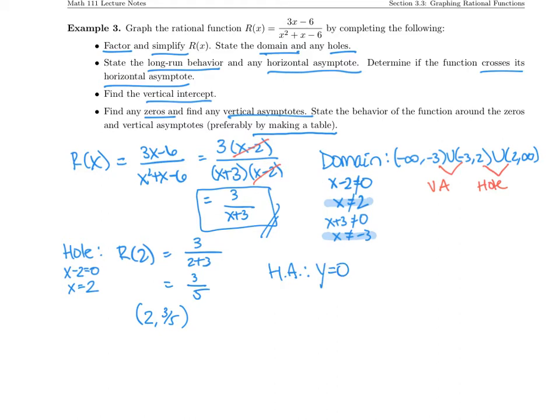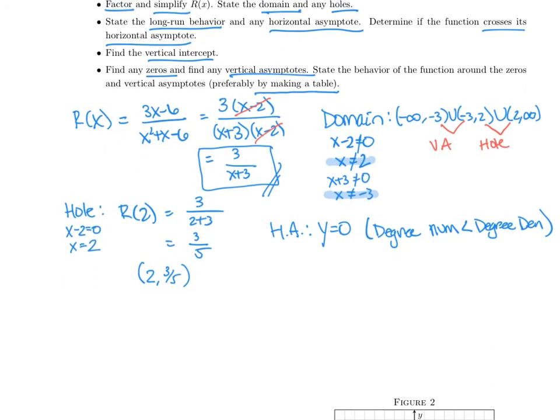That's it. You don't have to solve for anything. I'm just going to make a comment that we know that because the degree of the numerator is less than the degree of the denominator. You don't have to write that comment, I'm just doing that for fun. But that's really going to help us with our long run behavior.